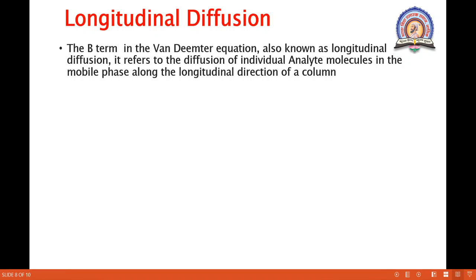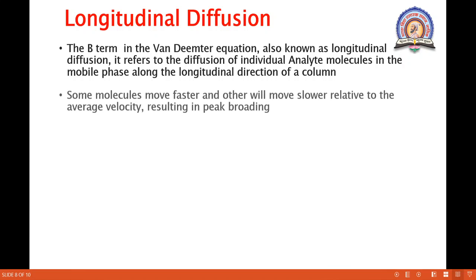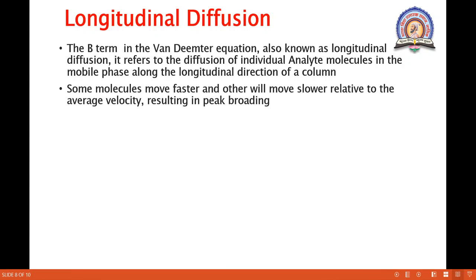Some molecules move faster and the others move slower relative to the average velocity, resulting in peak broadening.